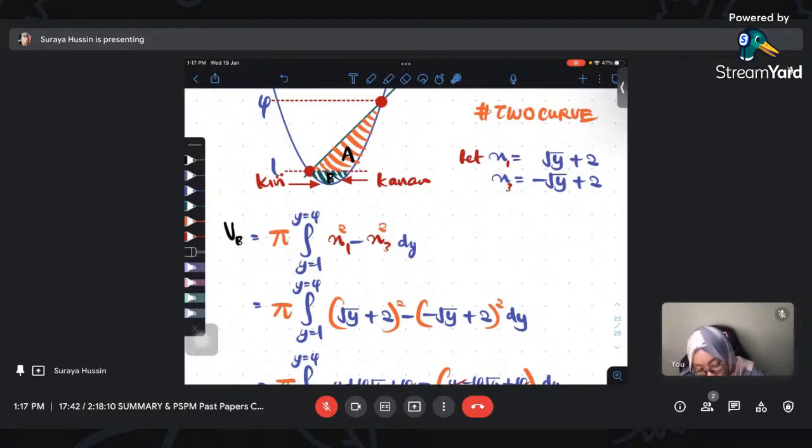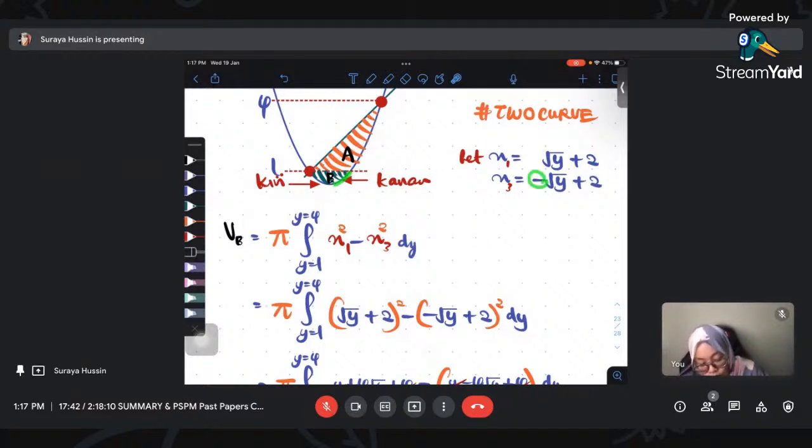Kalau kamu nampak sini, kenapa Y1 tolak Y3? Y1 pula, X1 tolak X3. Kenapa tu? Kenapa X1 tolak X3? Sebab X1 kita positif. Positif square root, kan? Positif square root sebenarnya berada di sebelah ni.